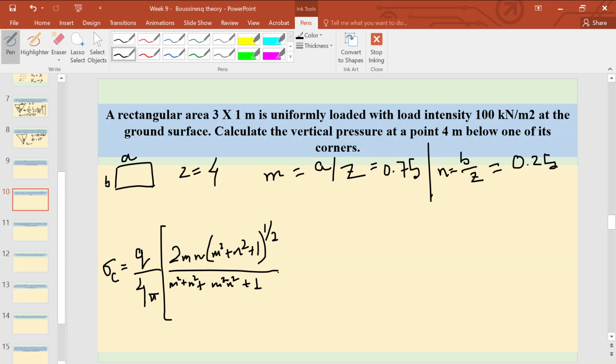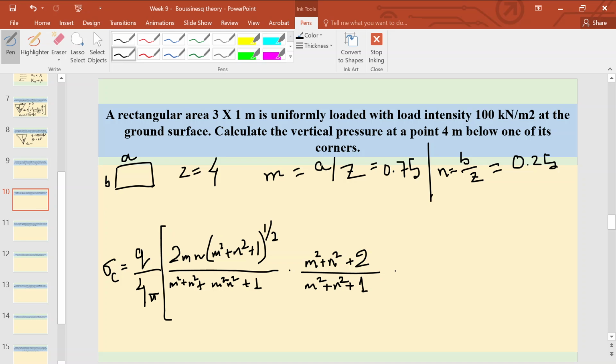This factor will be multiplied by another similar factor but a small one, m square plus n square plus 2 divided by m square plus n square plus n square plus 1.